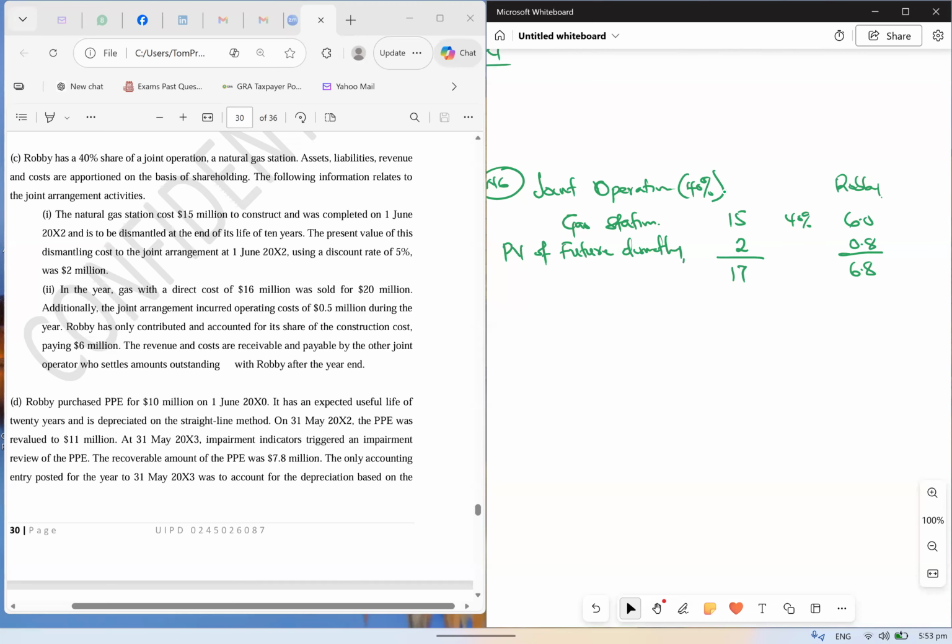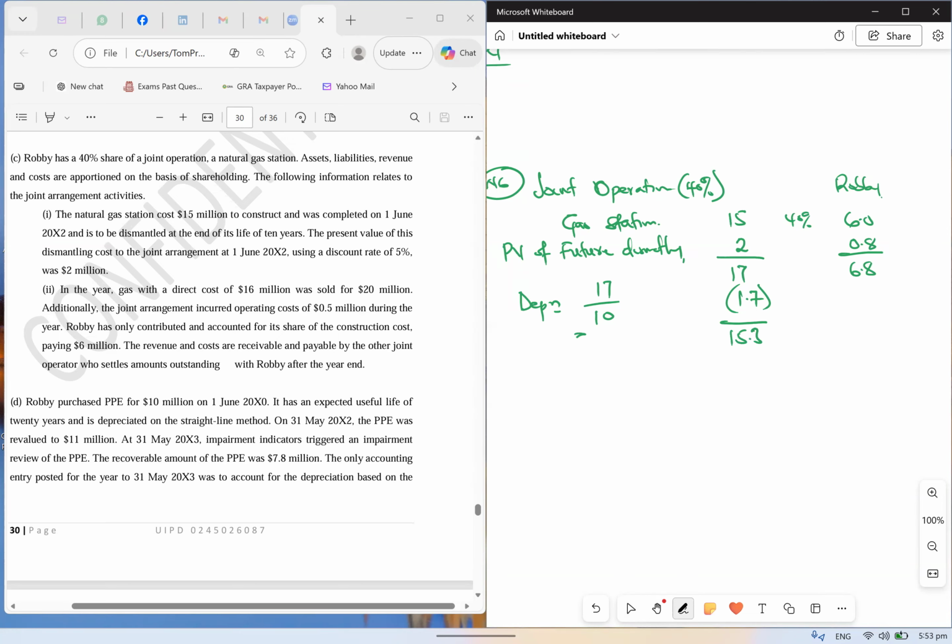Then we depreciate the item. What is the useful life of the thing? 10 years, right? So depreciation. This thing is happening at 1st June 20x2, so ours is a full year. So we will do depreciation. That is 17 over 10, which gives us 1.7. What is 40% of that? So the carrying amount of the thing is 15.3.